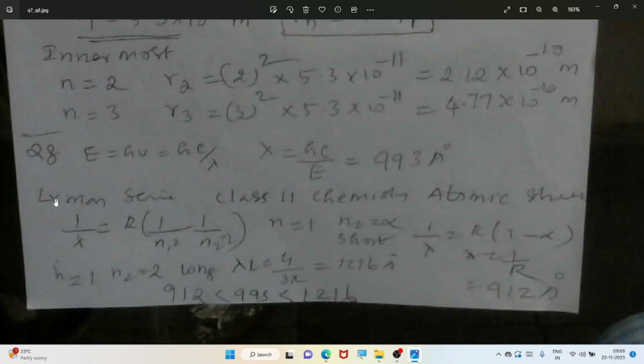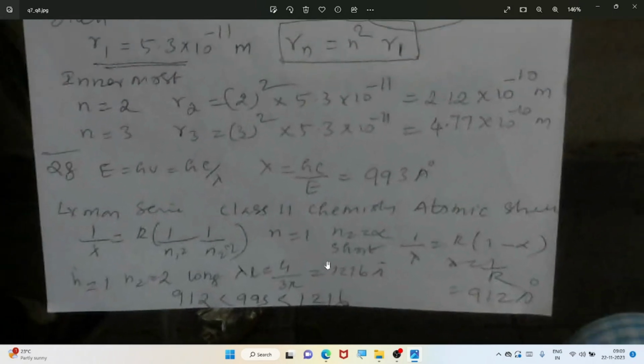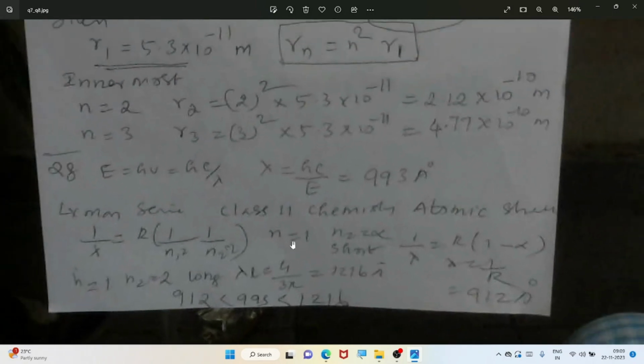So the Lyman series is given in detail in the class 11 chemistry atomic structure book. In that you use n1 and n2. This is for the shorter wavelength: n1 equal to 1, n2 equal to infinity, you will get this. Similarly for the longer wavelength, you take n1 equal to 1, n2 equal to 2.